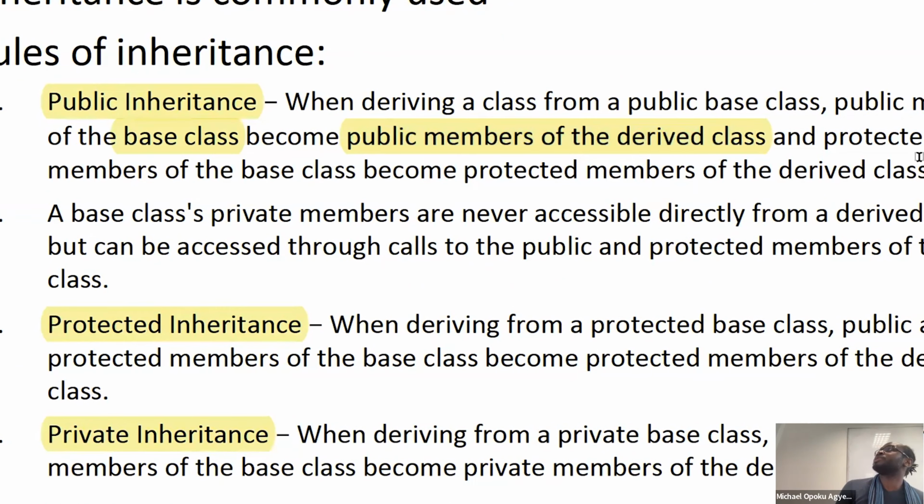And the protected members will become protected. It's saying that whatever you have in the parent, keep the access exactly the same. Remember, it cannot inherit private members, so it has access to only the public and the protected.